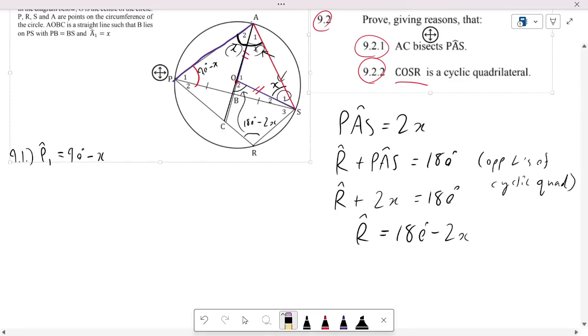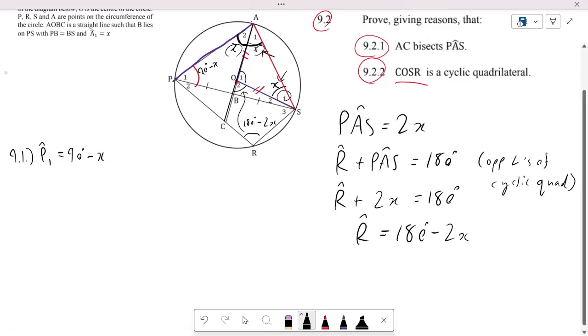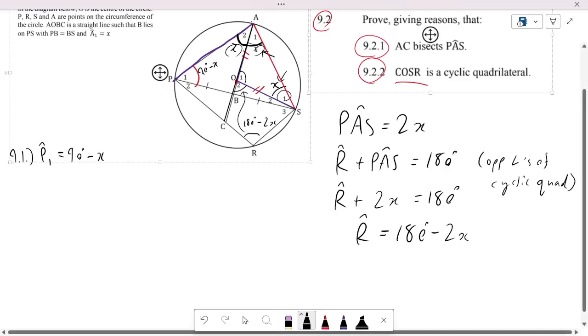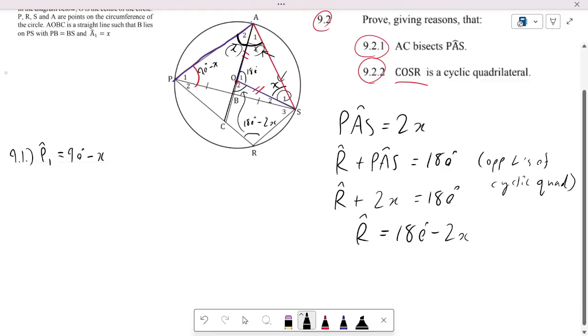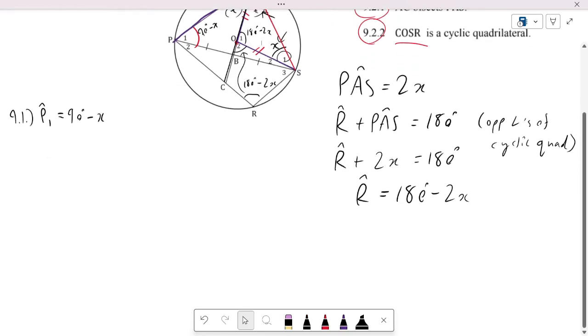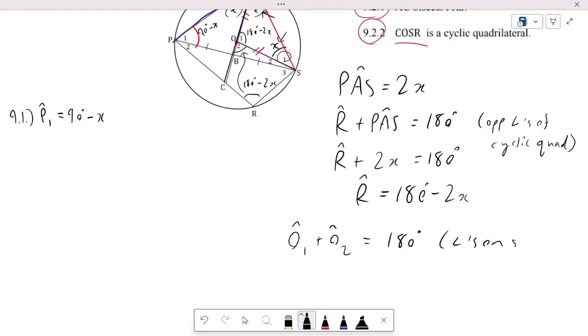O1. It is on a straight line with O1, and we know what the value of O1 is. O1 is just equal to, if I can remember clearly, 180 degrees minus 2x, when we looked at the value. And then from this, we're going to find out what angle O2 is. If we add angle O1 plus O2, we are going to get 180 degrees because it's angles on a straight line.